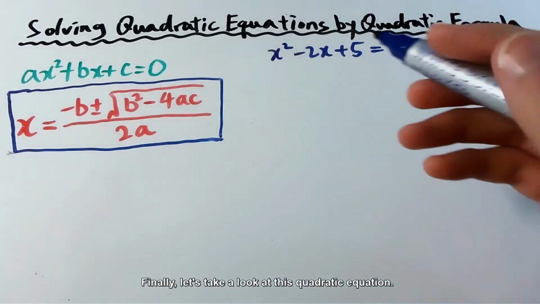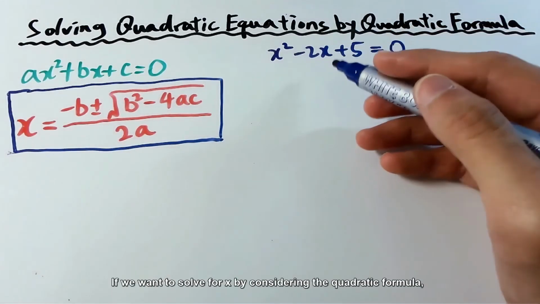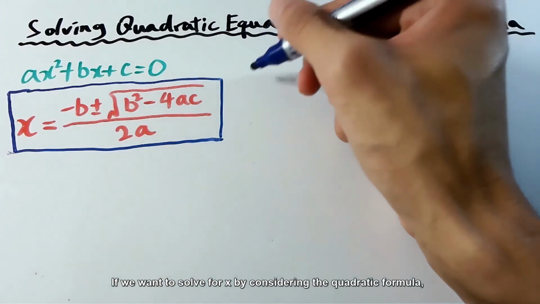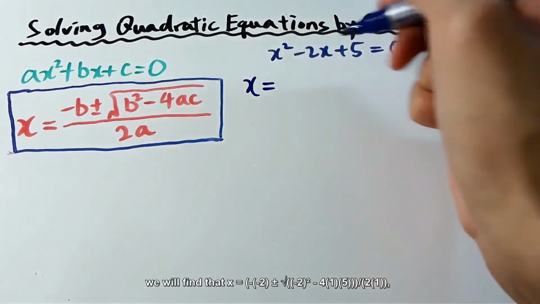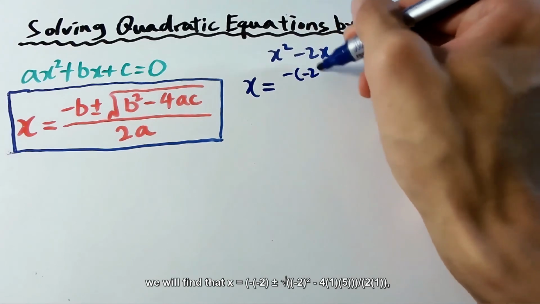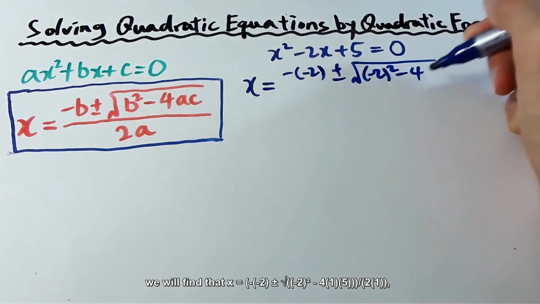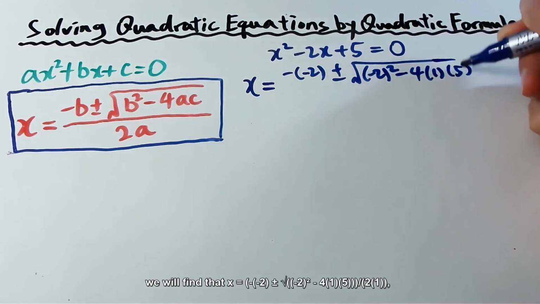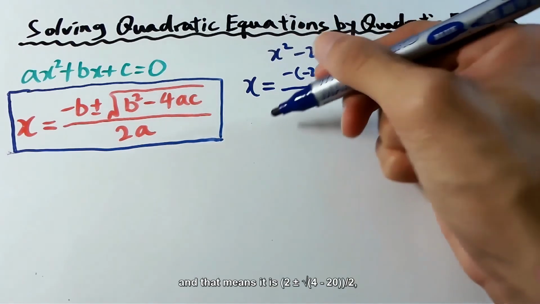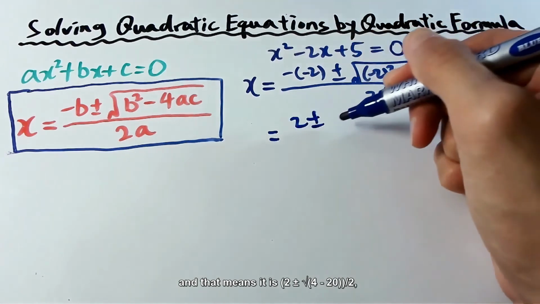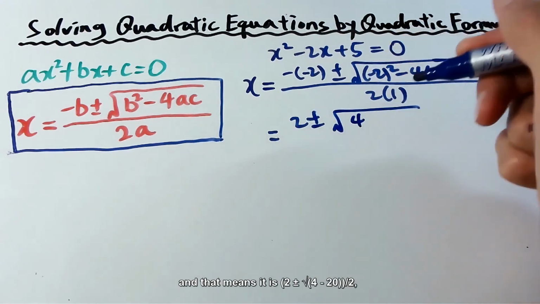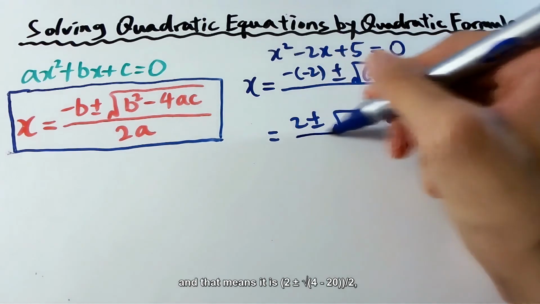Finally, let's take a look at this quadratic equation. If we want to solve x by considering the quadratic formula, we'll find that x is equal to minus minus 2 plus or minus the square root of b squared minus 4ac over 2a. And that means it is 2 plus or minus the square root of 4 minus 20 over 2.